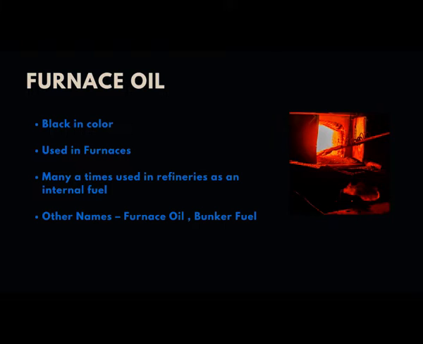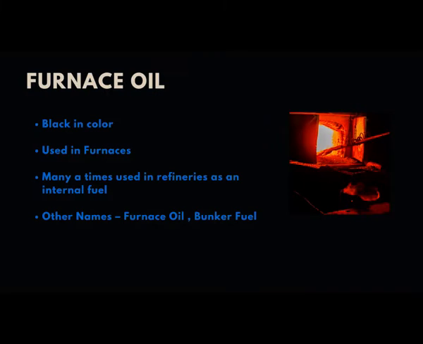Then the next product coming from the refinery is furnace oil. Furnace oil is black in color and more or less resembles asphalt or bitumen. But compared to asphalt and bitumen, furnace oil is freely flowing, though the color is almost similar to asphalt.